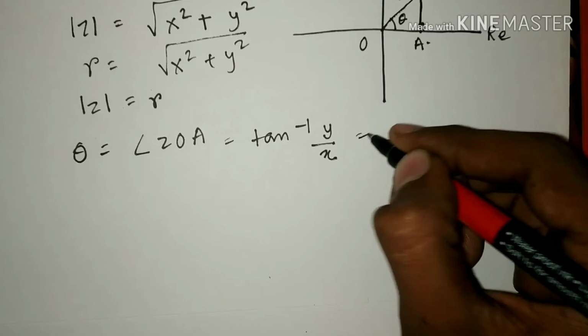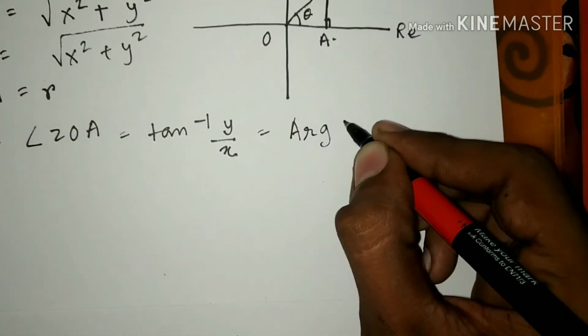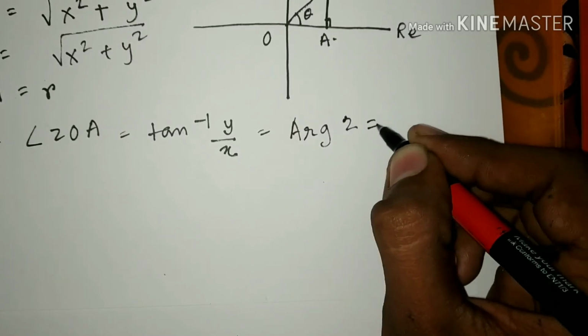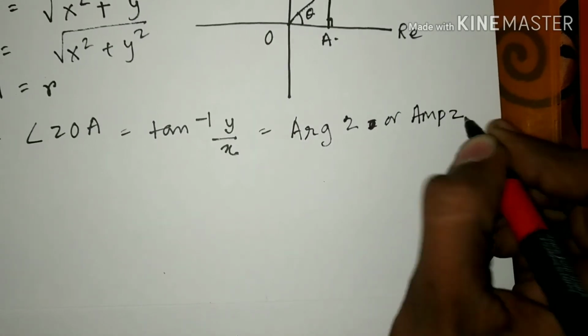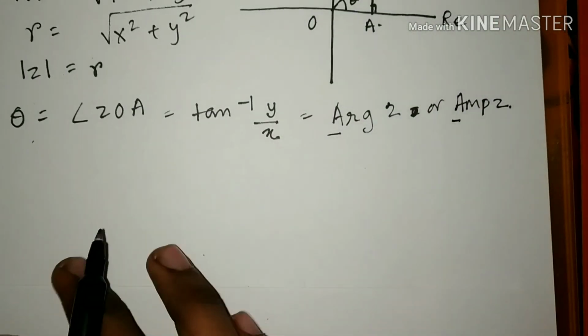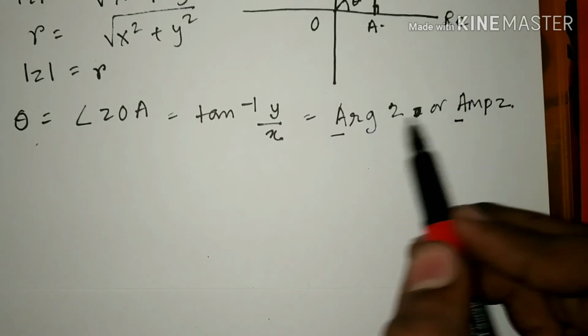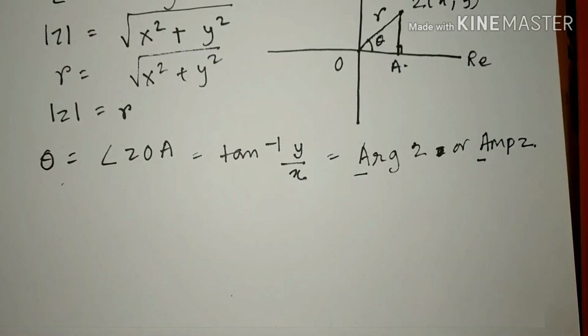Now this theta is also called the argument of z, or the amplitude of z. Now note that I wrote both the A's as capitals. This is because it's important to write that, and the reason I'm going to explain in the next video.